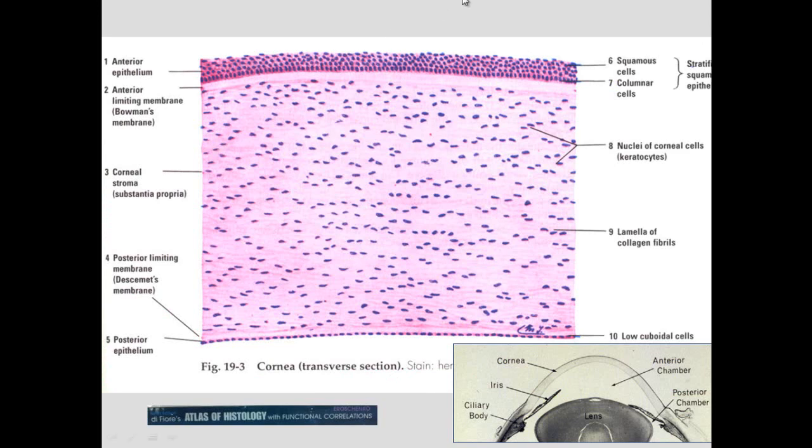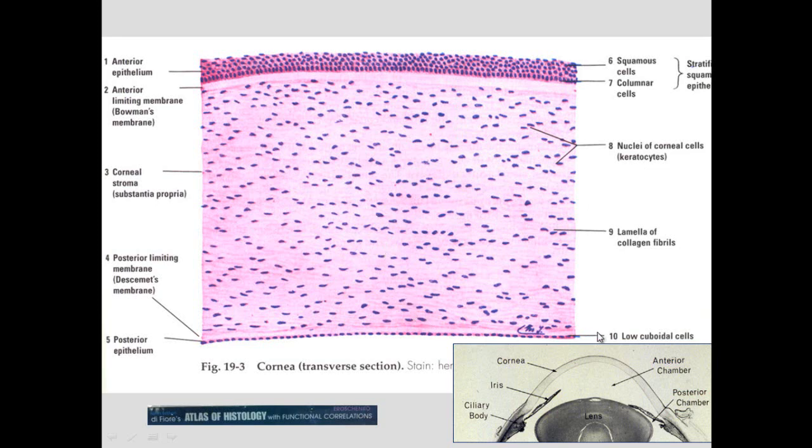If we look at the cornea, which is stratified squamous epithelium at the surface, Bowman's membrane, the little membrane through there, and then you have the stroma cells, the keratocytes, or the fibroblastic-like cells that you see there, and they're sparse. The nuclei are far apart because there's a lot of fibers between them.